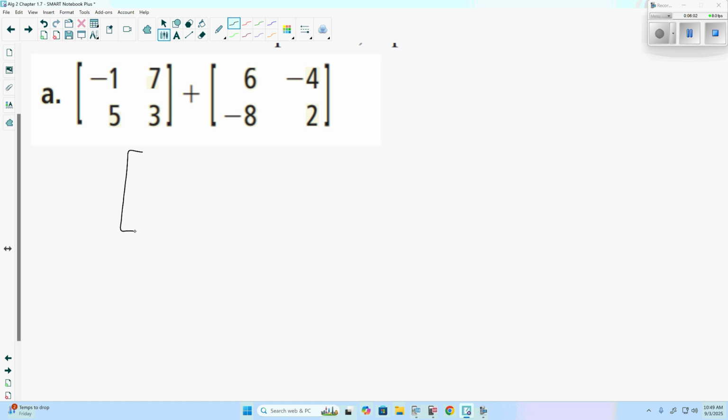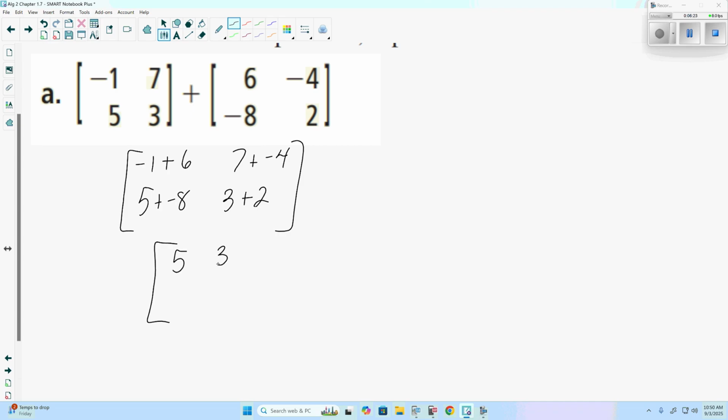Here we have a 2 by 2 and a 2 by 2. So the first thing we would do is negative 1 plus 6, 7 plus negative 4, 5 plus, and 3 plus. Negative 1 plus 6 is 5. 7 plus negative 4, 5 plus negative 8, and 3 plus 2.